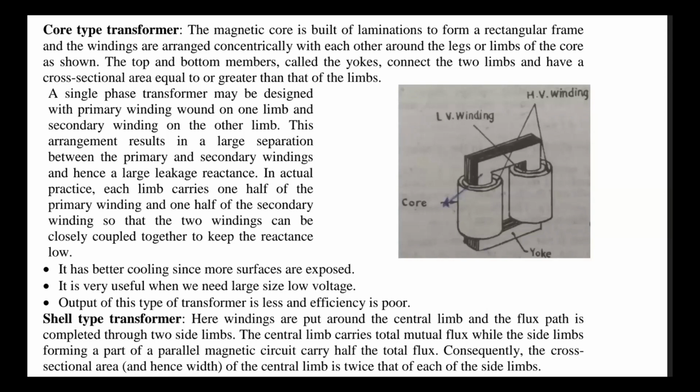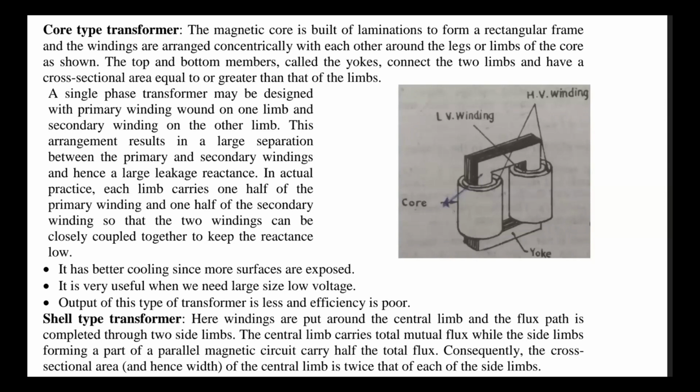But in case of shell type transformer, the windings are placed in the central limb. If the winding is placed in the central limb, or one limb is used for winding, it means that the area which is exposed is less.